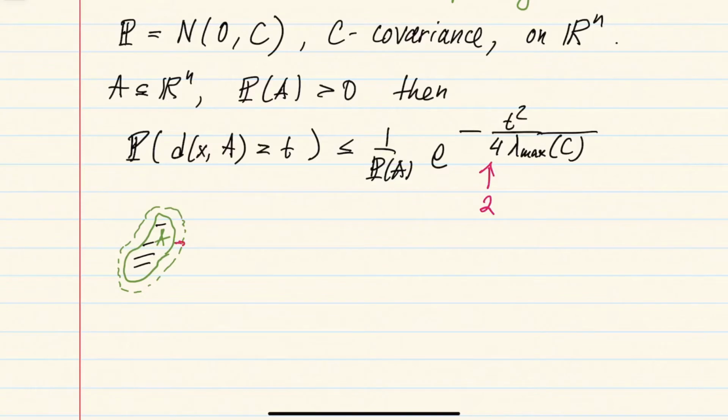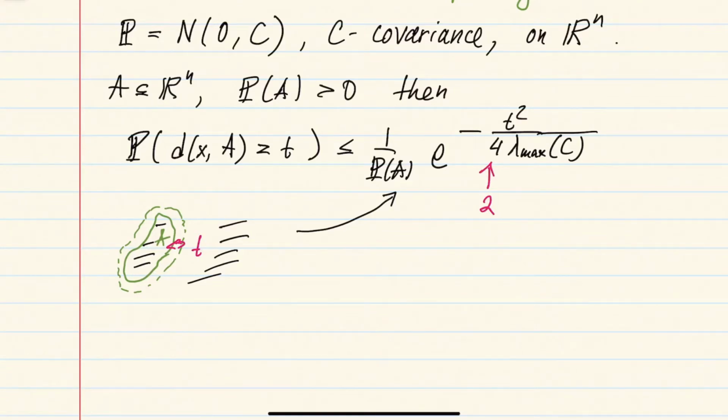So all the points at the distance t from this set, and then you're interested in the probability of the outside of this set, and according to this inequality that we are going to prove, the probability of the outside of the set is bounded by this exponent, so constant 1 over the probability of the set, which just reflects the fact that if the probability of the set is small, it will take a little bit longer for the weight to accumulate.